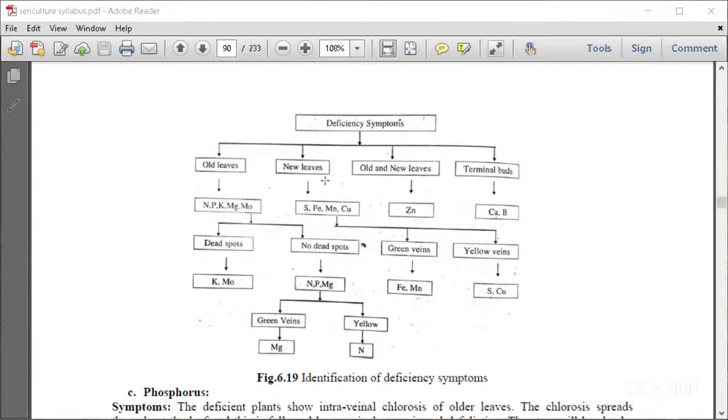A close and methodical observation, timely supply of required mineral elements, and proper cultural practices prevent the occurrence of deficiency diseases and boost the quality and quantity of the leaf produced by the crop, which can be utilized to feed silkworms to get good quality and quantity of cocoons.